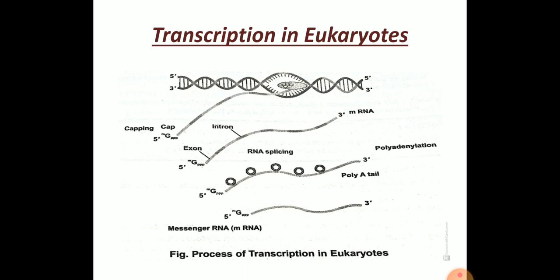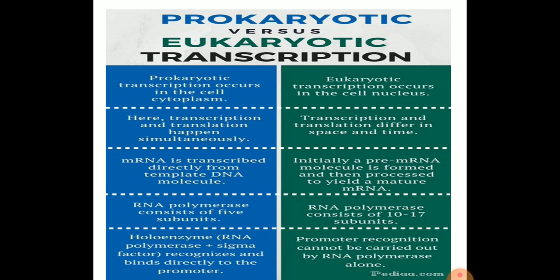Whereas in eukaryotes you can see splicing and capping taking place, and poly A tail formation takes place, and thus messenger mRNA is formed. These are the steps you need to know for how transcription takes place in both prokaryotes and eukaryotes.